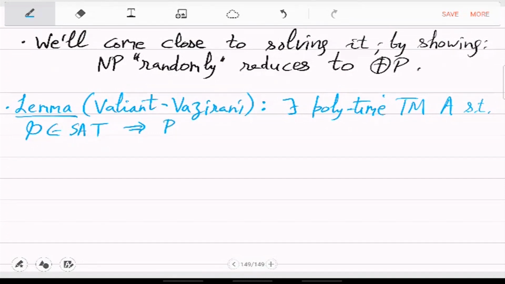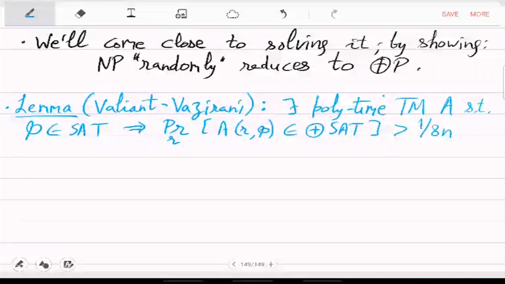So the probability that A, using the random bits, will modify phi to a parity SAT instance is high. And if phi is not in SAT, then this probability is 0.